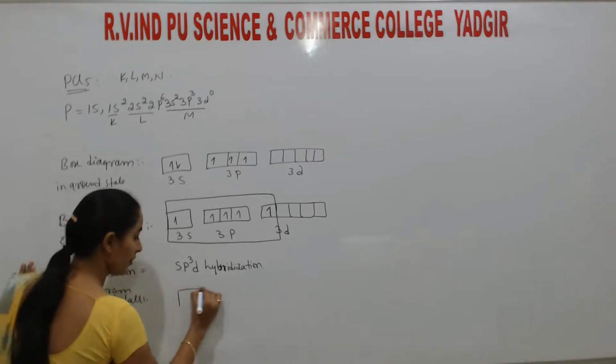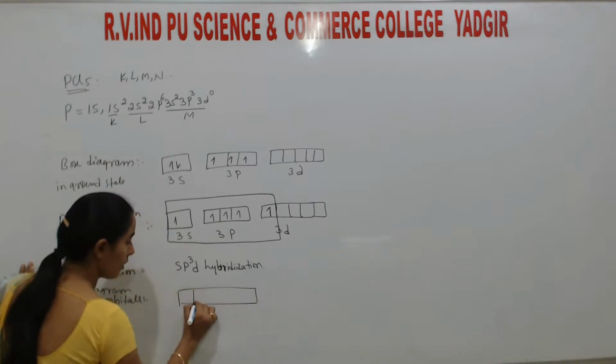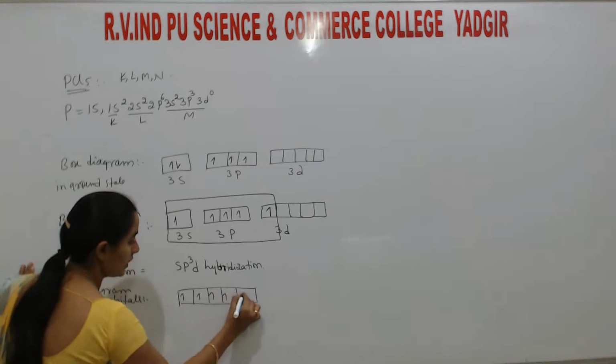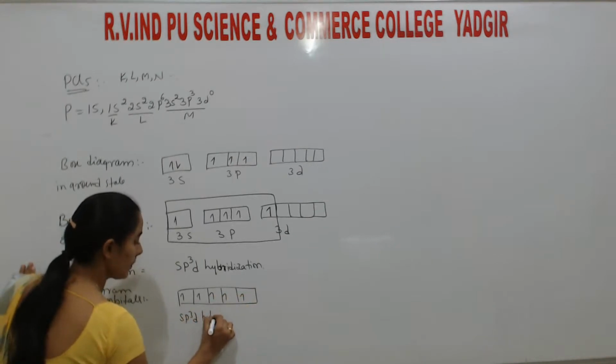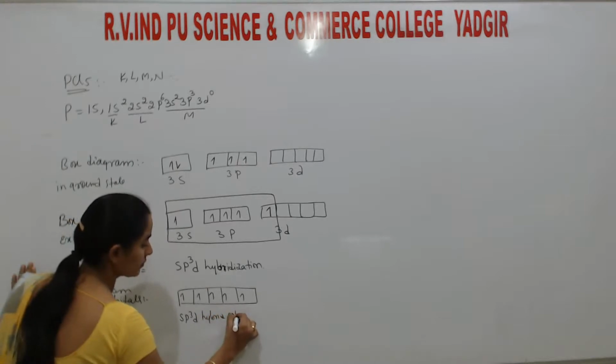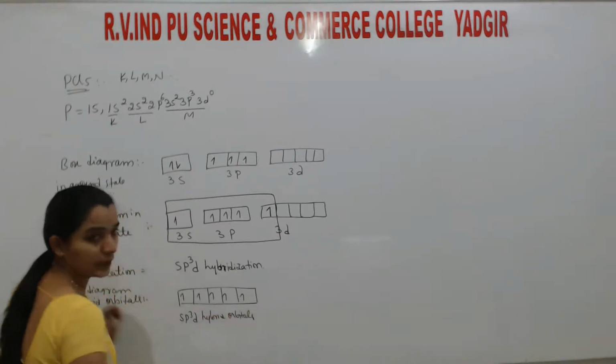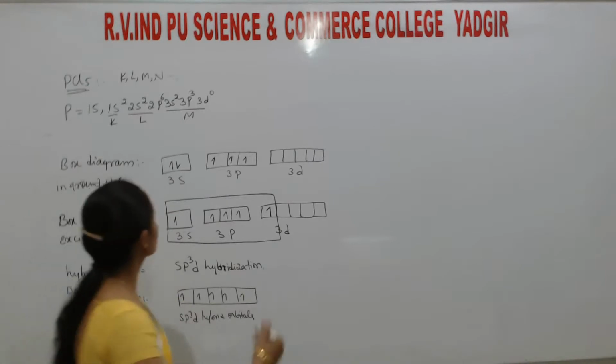Here the 5 orbitals are there, 1, 2, 3, 4, 5, each with a single electron. What are those? sp3d hybrid orbitals.